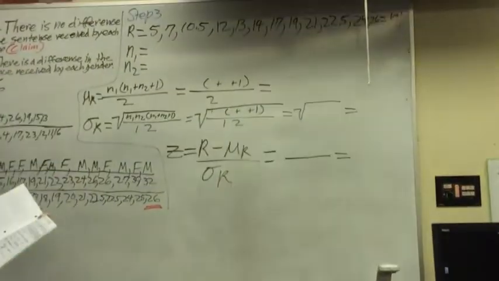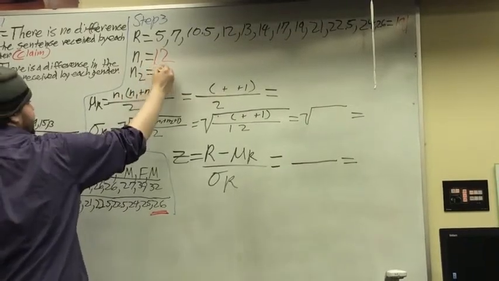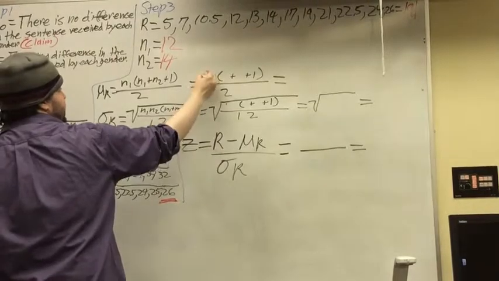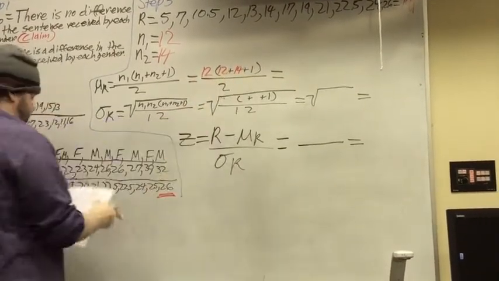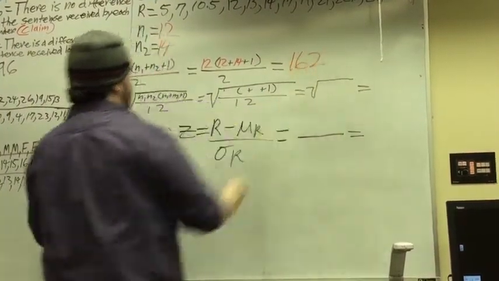So N sub 1, of course, is a smaller value, which is 12. N sub 2 is 14, like we already said, so we fill in our formulas here. We have N sub 1 is 12, 12 plus 14 plus 1, all divided by 2 equals 162.